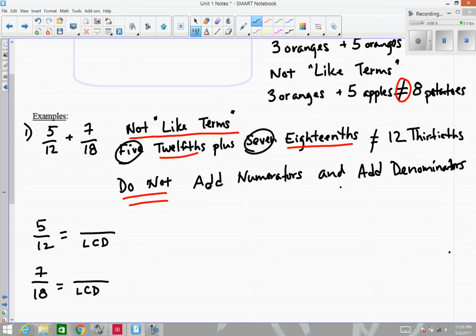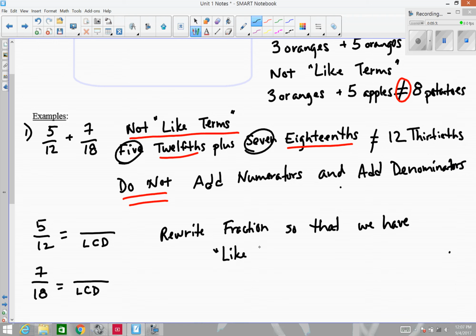So what we are really trying to do is rewrite our fractions so that we have like terms. And those will have a common denominator, which we will use as our LCD, or least common denominator.